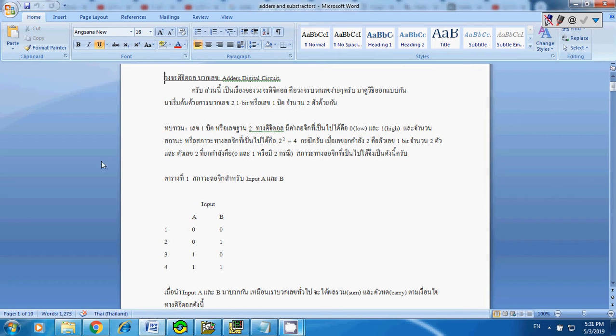So basically, what I'm going to mention is start from the basic understanding of adder digital circuit. In this case, I'm going to do 1 bit 2 of 1 bit adder.